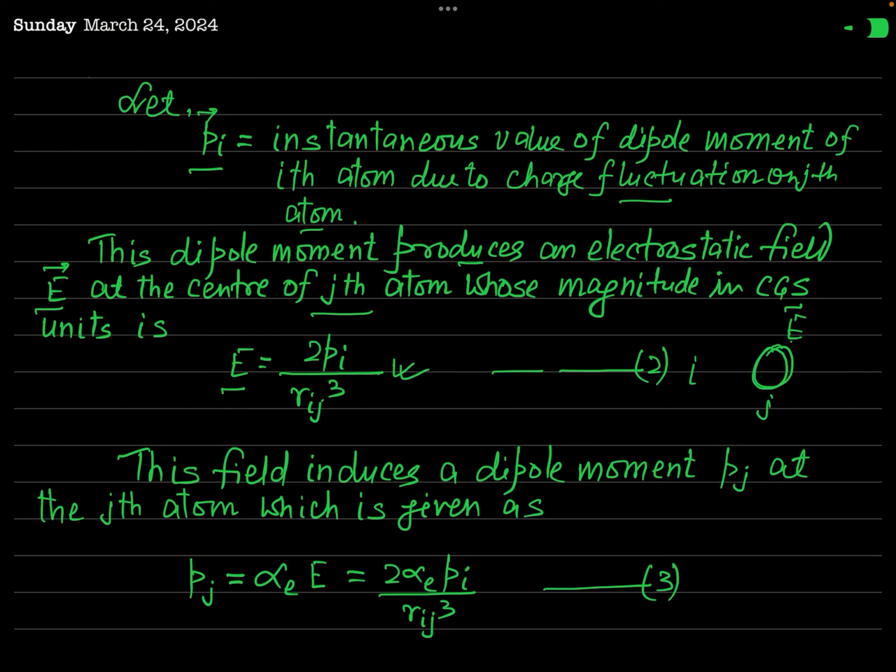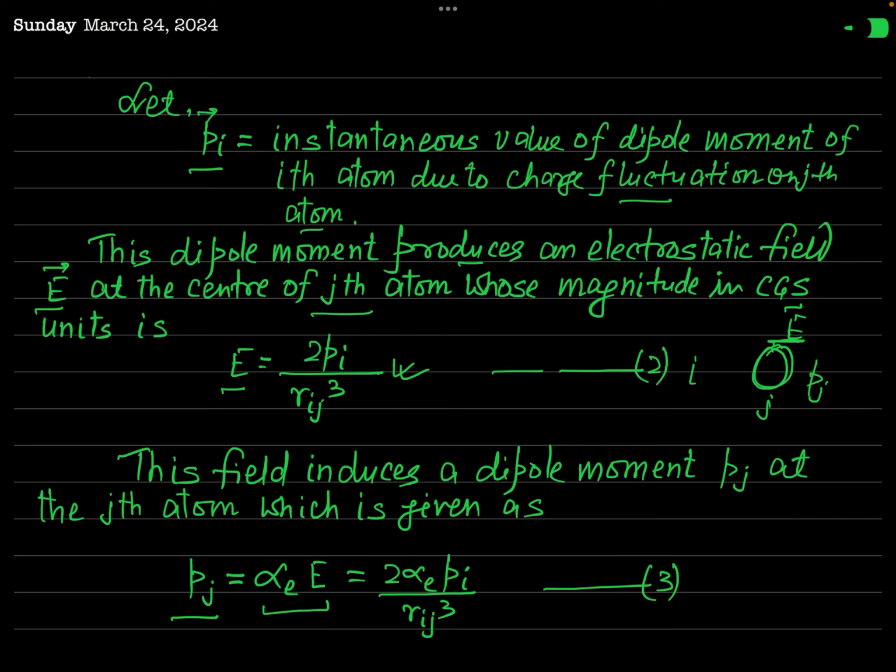And what will be that induced dipole moment in the jth atom due to the electric field E, which is produced by the ith atom? You know from electrostatics that if Pj is the magnitude of the induced dipole moment in the jth atom due to the electric field of the ith atom at the site of the jth atom, then this Pj is given like this.